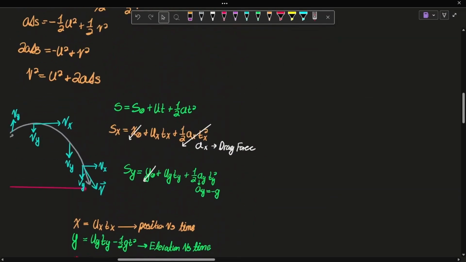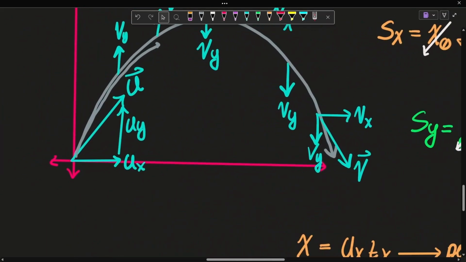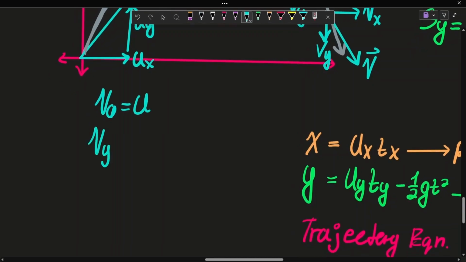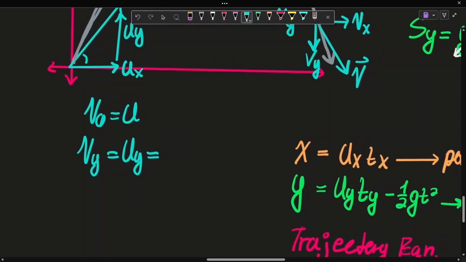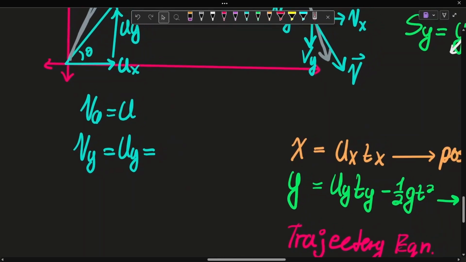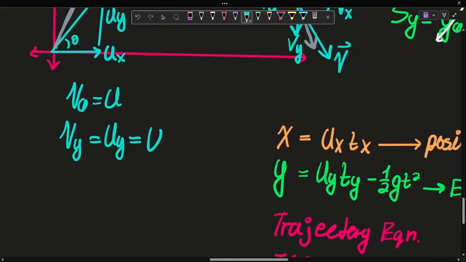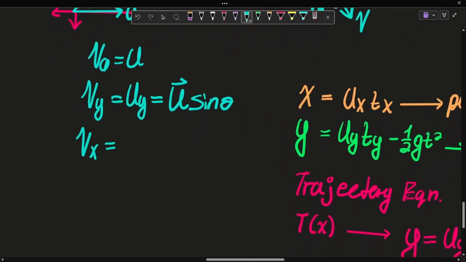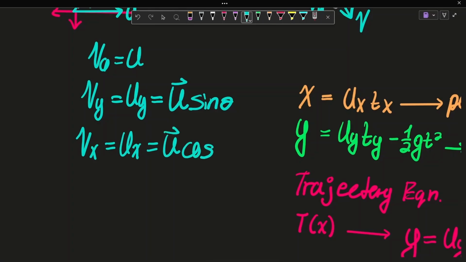Going back to the graph, if our initial velocity is u, the components, given a launch angle theta, uy will be u sine theta, and ux will be u cos theta.